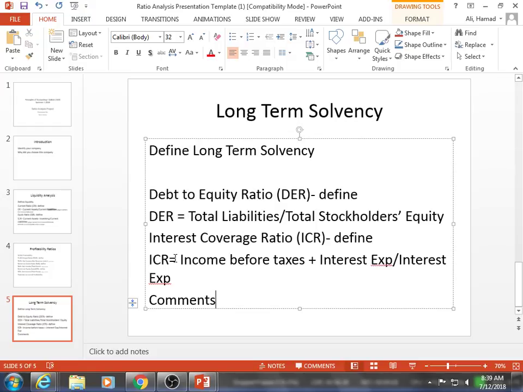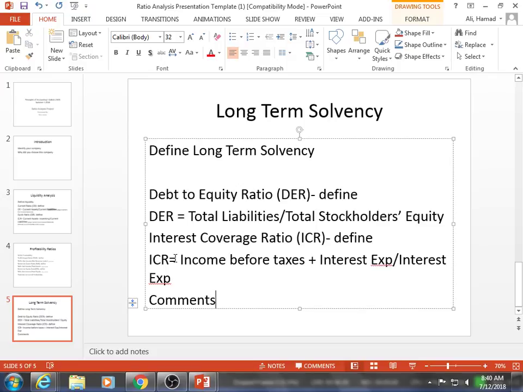Now that ratio means your ability to pay off the interest on your loan, on your debt. As long as it's 1 and above, it's good. If you have 5 or 9, that means you can pay it 5 times, not just 1 time, which is really good.